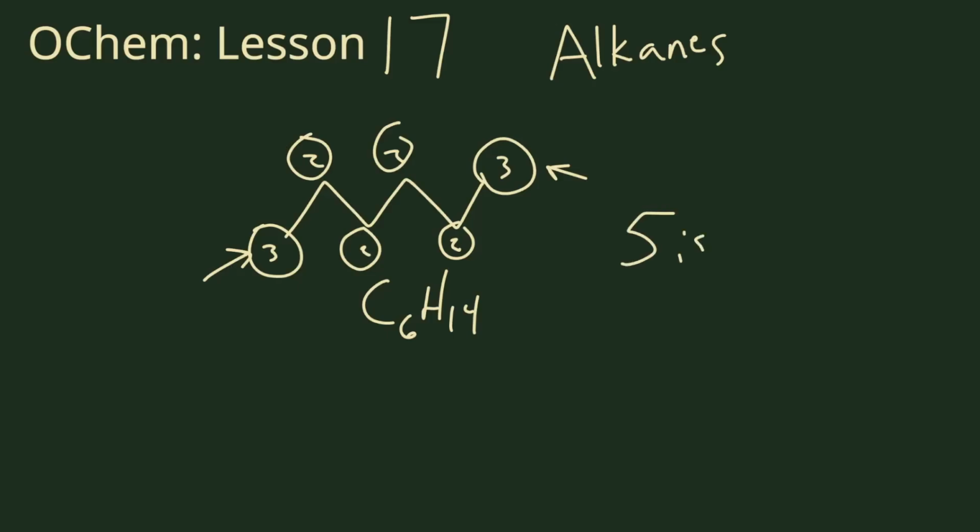Isomers is what we call it when they have the same chemical formula, C6H14, but a different configuration. Maybe it's one shorter this way and has a chain this way, or maybe it's out here, or maybe it's here. But it's all C6H14. It's 6 carbons saturated with hydrogens. And 5 isomers may not sound like a lot, but look what happens when I increase the size of my formula.